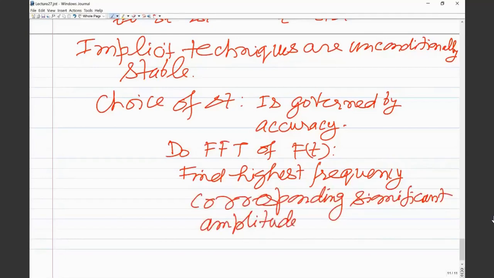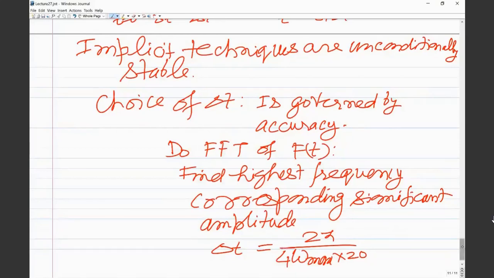Then you choose your delta t as 2 pi by omega max, which is the time period, divided by 20, meaning you want 20 divisions within one cycle. And we expect that if the highest frequency is omega max, maybe 3 or 4 times that will be the excited natural frequency of the mode, so you put a factor of 4 also. So this is how you decide your delta t.